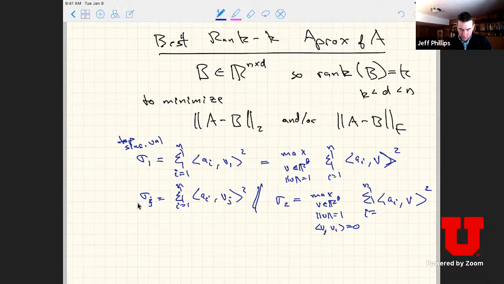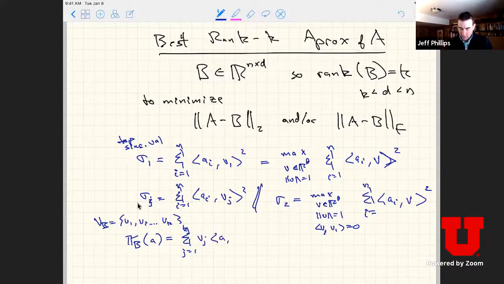If I just look at a single value a, the projection of a onto the subspace B, which is defined by these vectors v1, v2, up to vk, is defined as the sum over j equals 1 up to k of (v_j dot a) v_j.